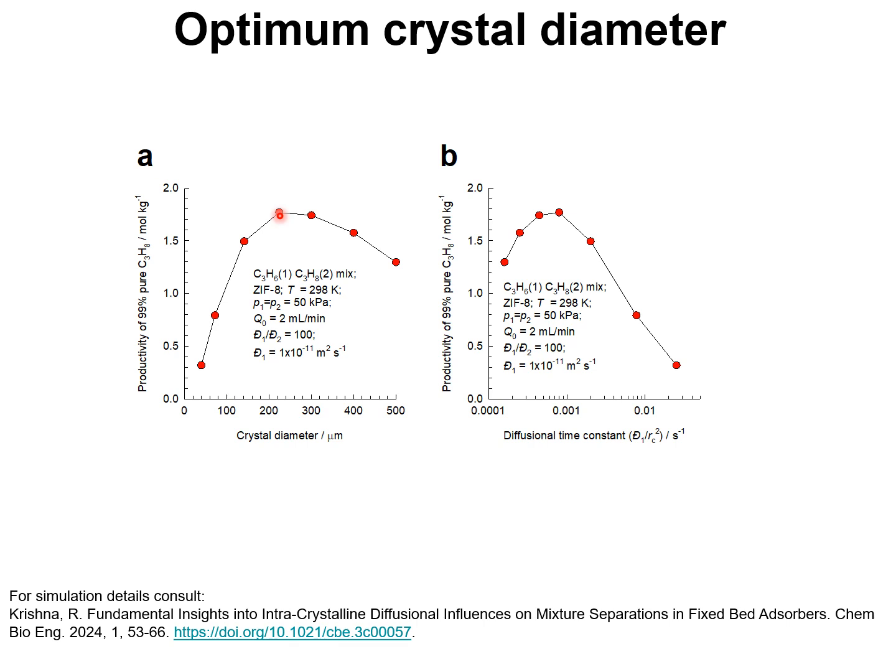Increasing the crystal diameter beyond that point reduces the productivity, because with increasing diffusional resistances, say with particle sizes in excess of 300 micrometers, both propene and propane tend to break through earlier, and the productivity of purified propene is reduced.